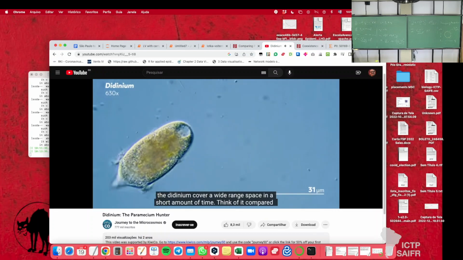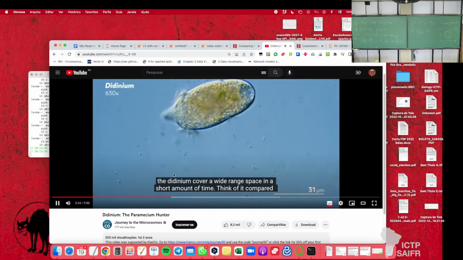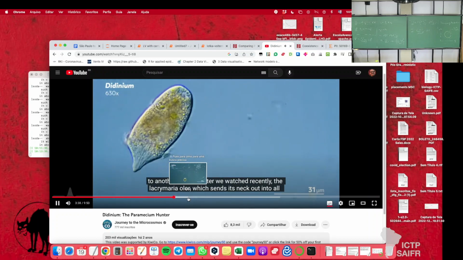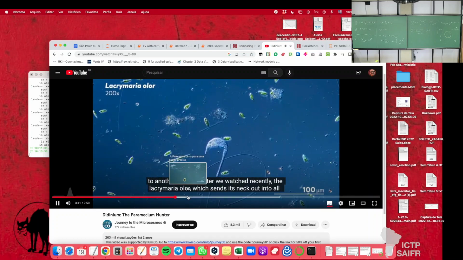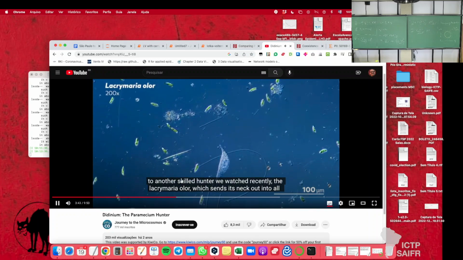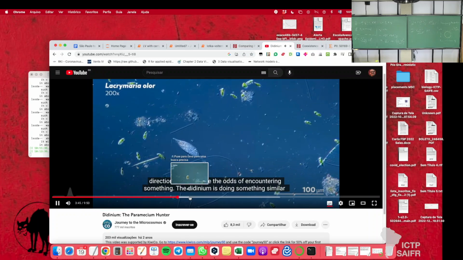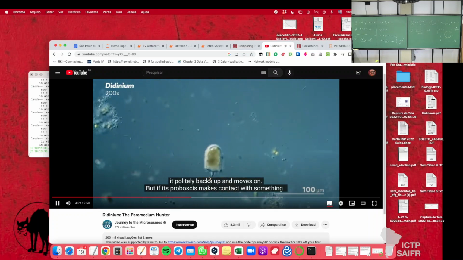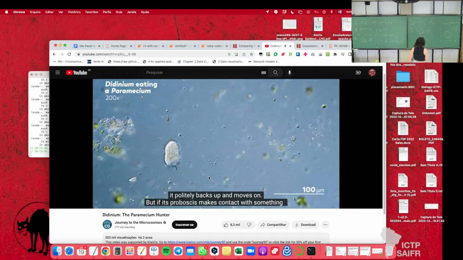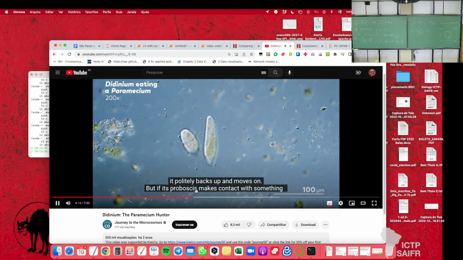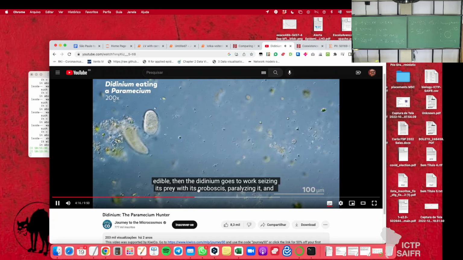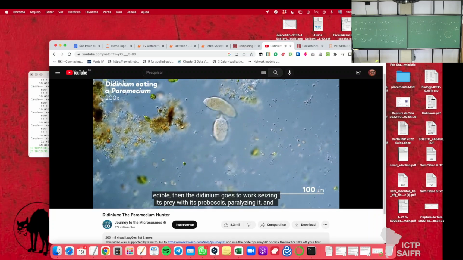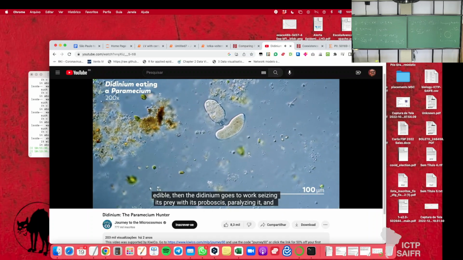So if you have a sufficiently large density of paramecium, at a certain point it will find the paramecium. So it goes around super quickly in comparison to others, and so there's a paramecium. He got it, and now it will just get it.